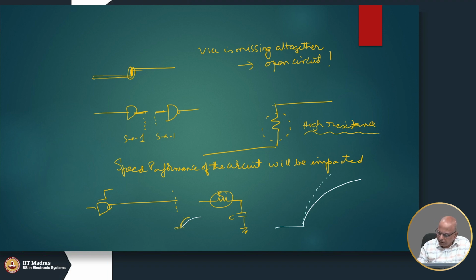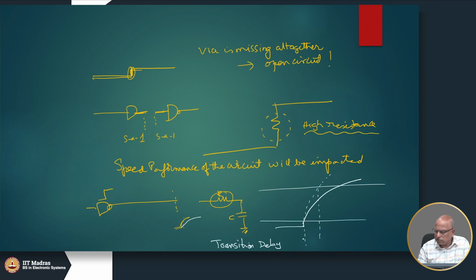What is the delay? The definition of transition delay is the time it takes for the output to reach 90% of its value, starting from 10% of its value. So this is the delay when there is no fault.